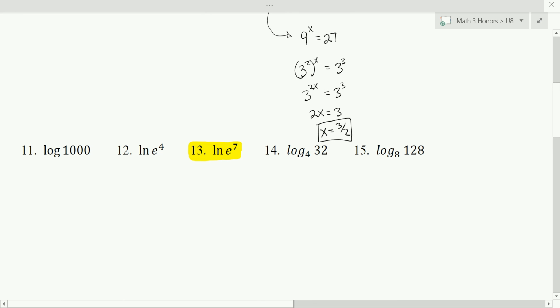So we got the natural log of e to the power 7. What you want to know is that this is the same thing as log base what? Base e. And our argument here is e to the 7th. So our base is e, our argument is e to the 7th, and we're trying to find out what the power is. See if you can figure it out.